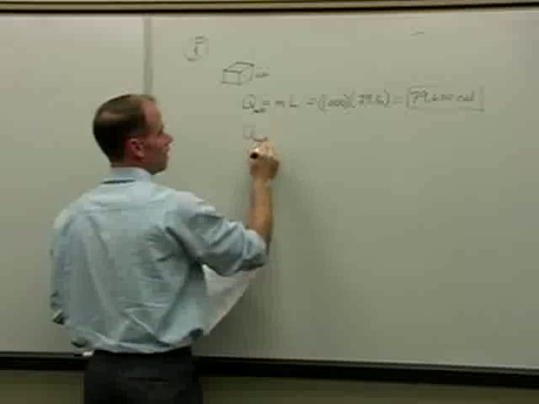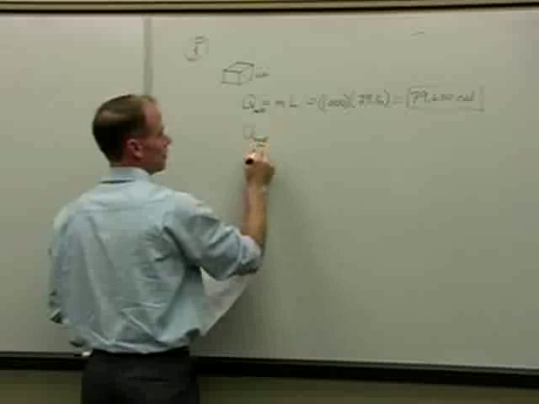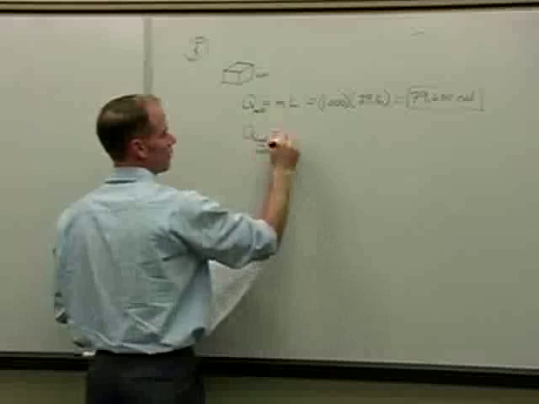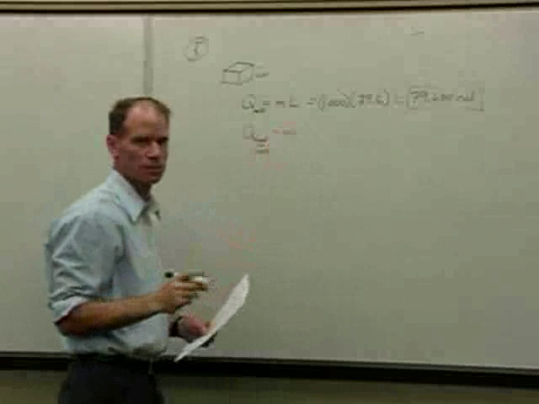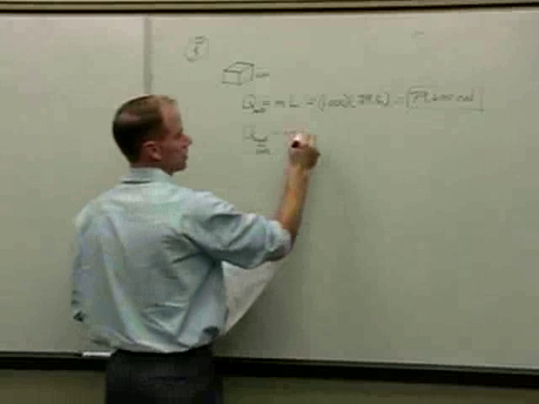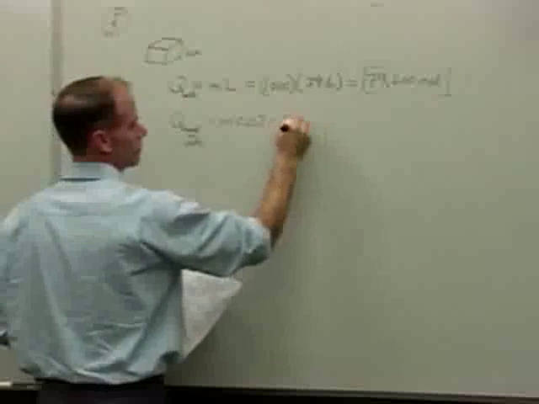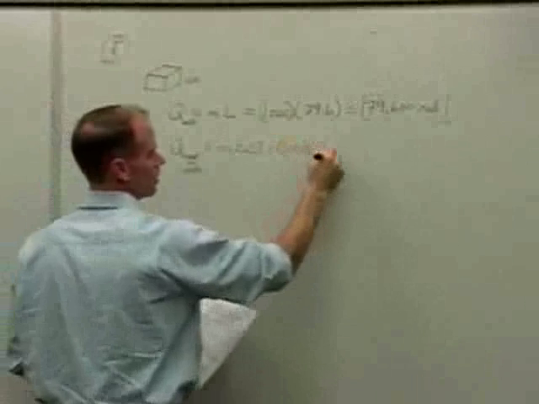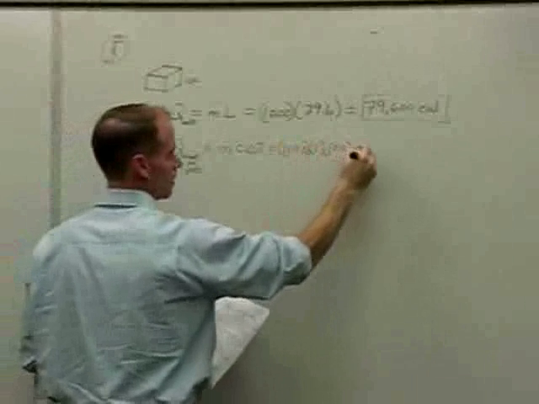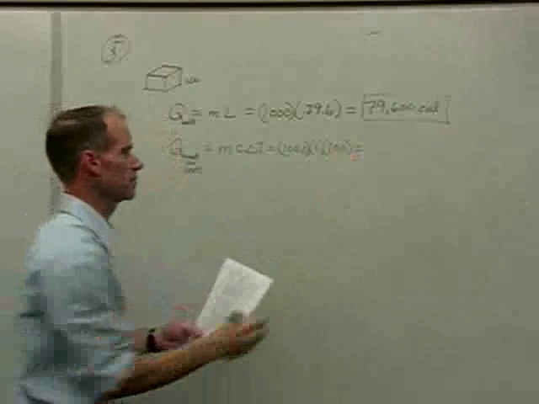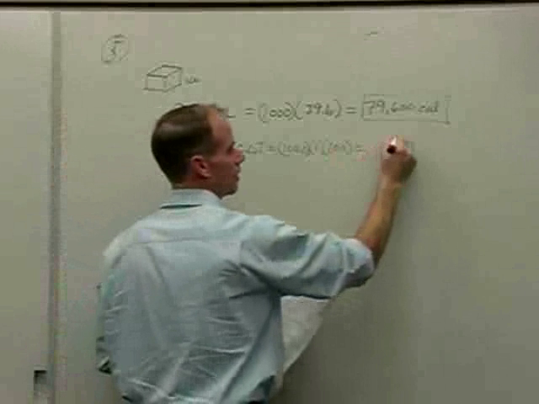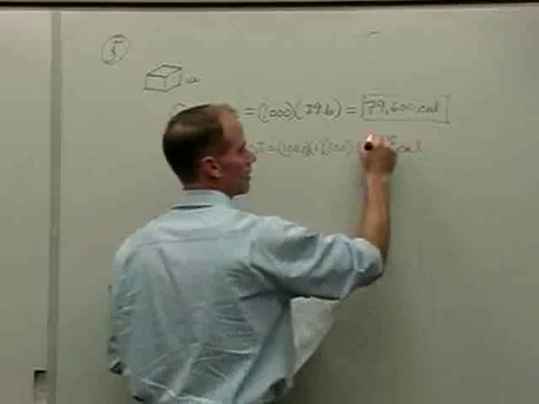This is the heat to heat it up to 100 degrees, and that will be equal to the mass times the specific heat times the change in temperature. So that would be 1,000 times 1 times 100, and that gives me 10 to the 5 calories for that.